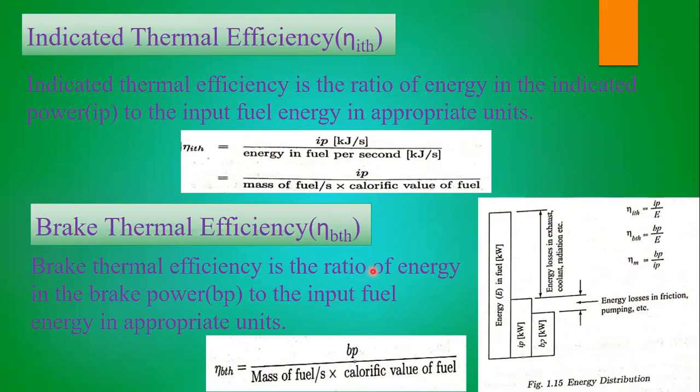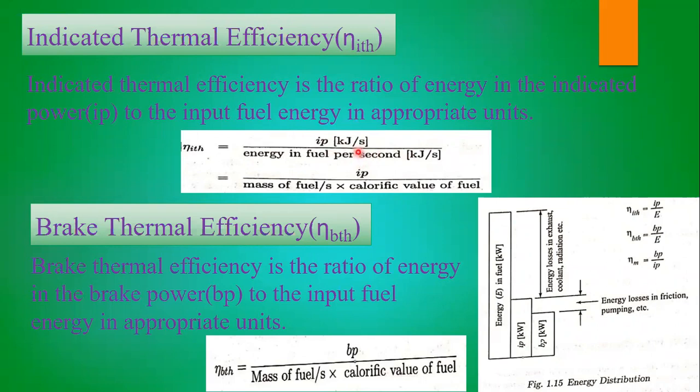So we will discuss the thermal efficiencies one by one. I already said what indicated thermal efficiency is. It is the ratio of the indicated power to the input fuel energy, that is, how much energy is available in the fuel we take into the combustion chamber. We have to take both the power and the energy in the same unit.